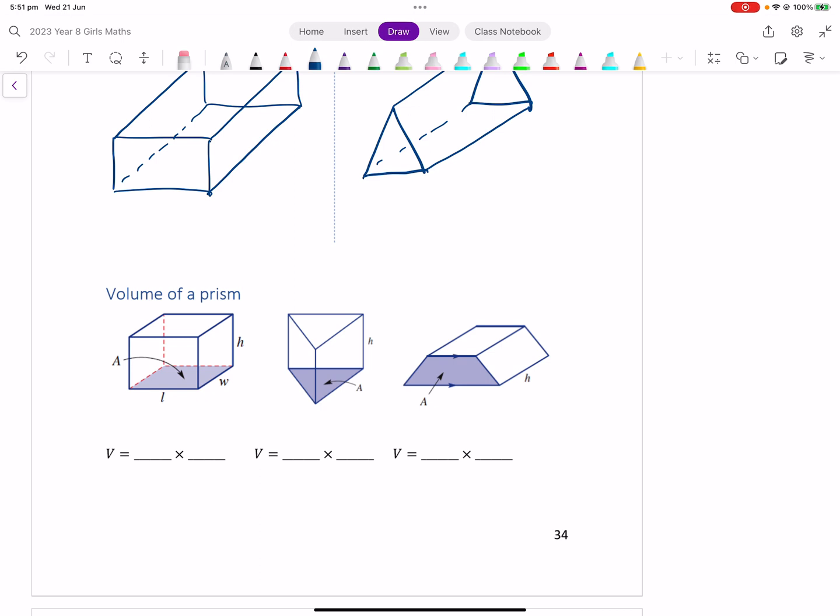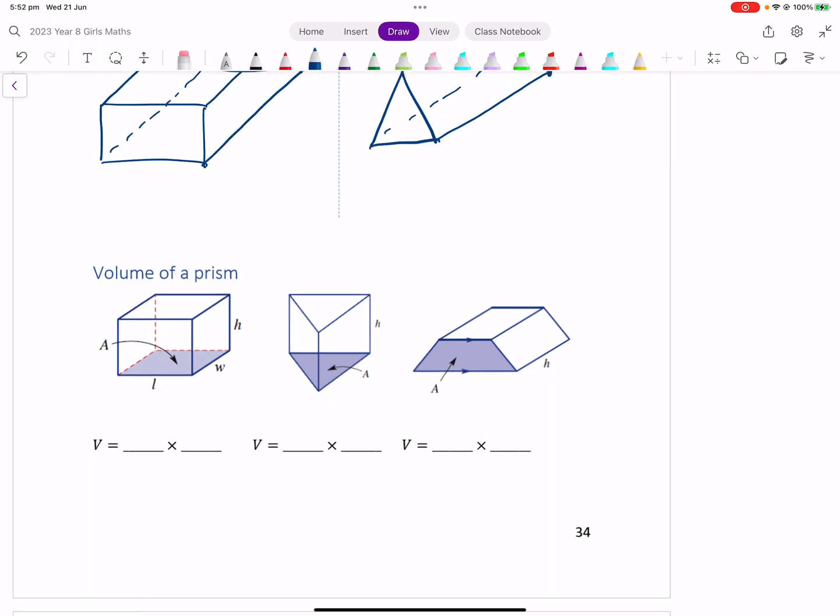Well, you'll remember in the last lesson we looked at the volume of a rectangular prism, a rectangular cuboid prism, and it was length times width times height. And I want you to remember that the area of the cross-section of a rectangle is length times width.